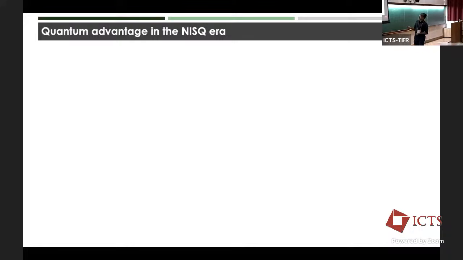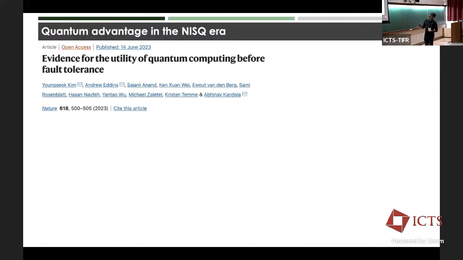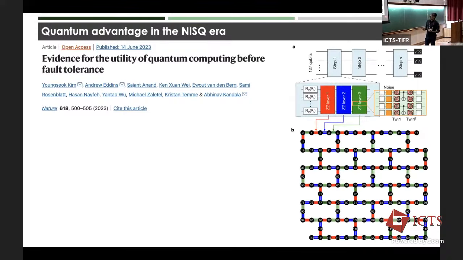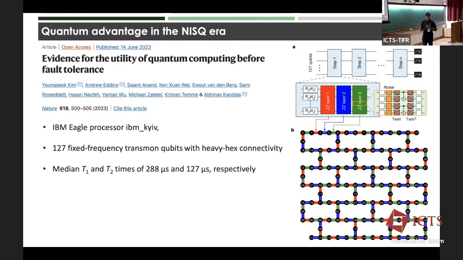Very recently, earlier this year, and we were discussing this in our first lecture, can NISQ computers really be useful? So IBM published a paper with a title which says evidence for the utility of quantum computing before fault tolerance, basically before the era of error correction and fault tolerant computing. And they did it on this 127 qubit system with very good coherence.